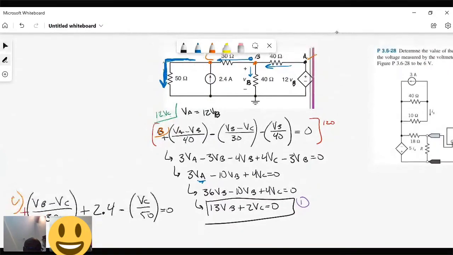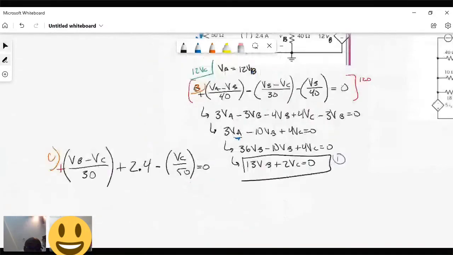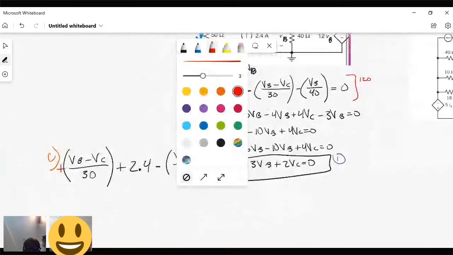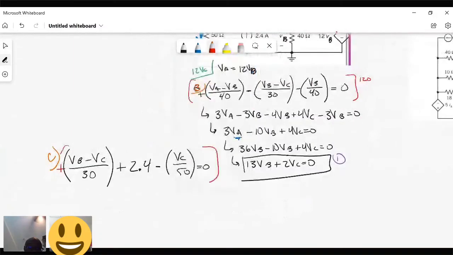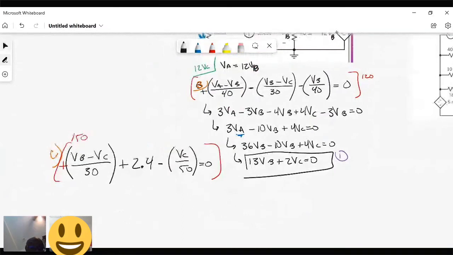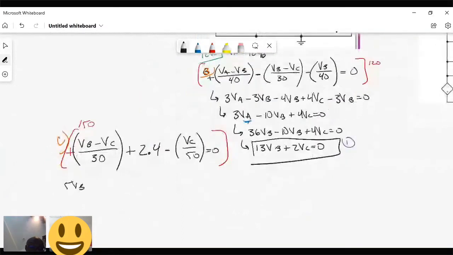Okay. And so this will get multiplied by 150. It's going to be 5VB minus 5VC. 150 times 2.4, it's a calculator moment. Let's see.